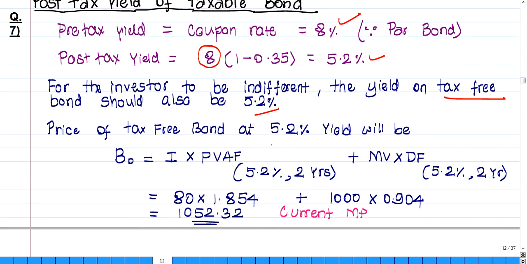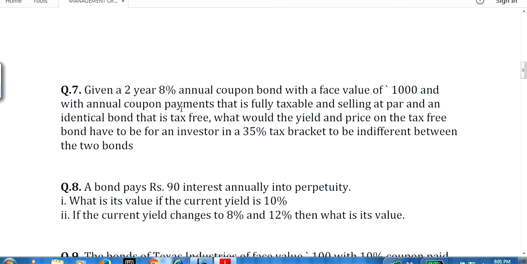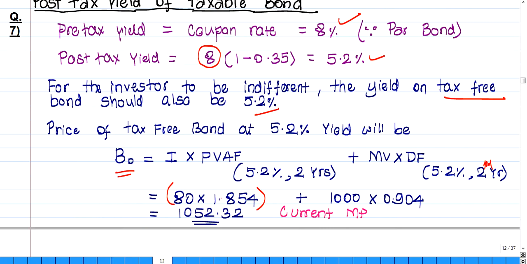Price of the tax free bond at a 5.2% yield: the valuation of the bond is equal to interest times the present value annuity factor for a required rate of 5.2% for 2 years, plus maturity value times the discounting factor of the second year. So 80 interest, 1000 into 8%, 80 into 1.854, this is the 2-year annuity factor. I hope you know how to calculate, very basic.